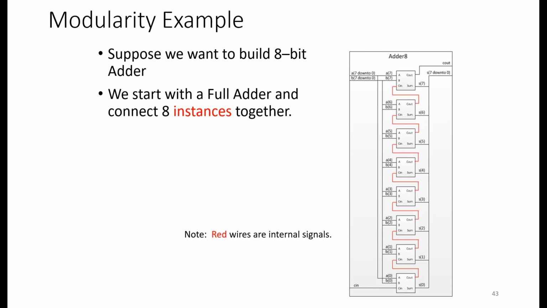So this will be my signal. So I need those signal wires carry out of the lowest bit to the higher bit carry in. As you can see, I need 7 of those.